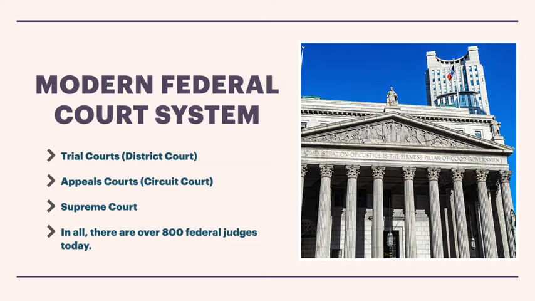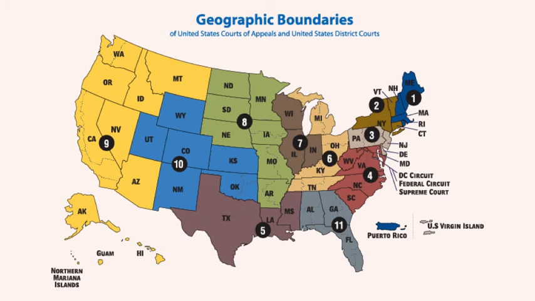The D.C. Circuit is one where a lot of Supreme Court justices come from, and then ultimately the Supreme Court. So even though there are only 9 justices on the Supreme Court, there are over 800 federal judges that work for the United States government today. So there are an awful lot of these courts that are spread around the country.